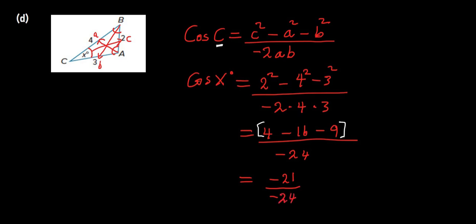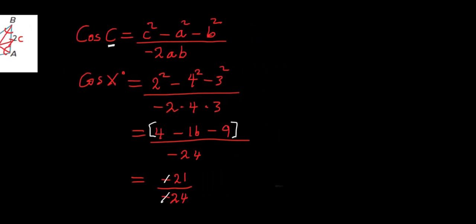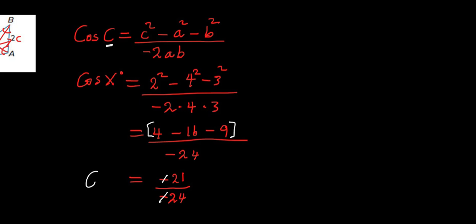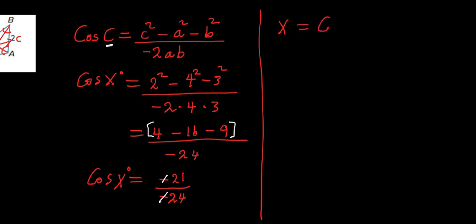The negative can cancel out the negative from here, and recall that this is cos x degrees. So now to find the value of x, we have to take the reciprocal of cosine, and now you have 21 over 24.